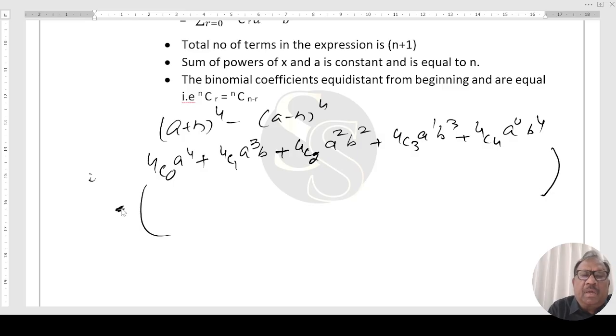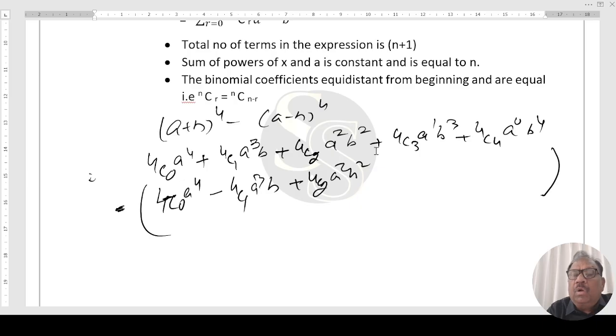Means minus applied, this will be positive, this will be negative, this will be negative: 4C0 a^4 − 4C1 a^3 b + 4C2 a^2 b^2 − 4C3 a b^3 + 4C4 b^4.